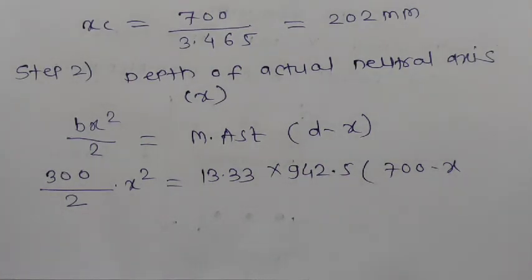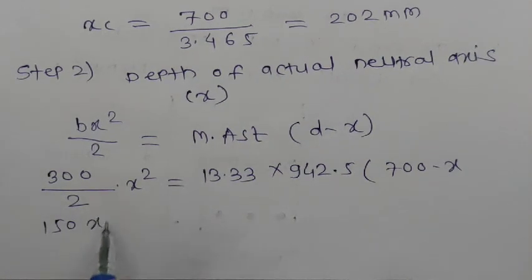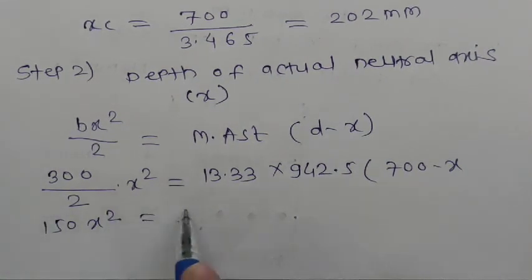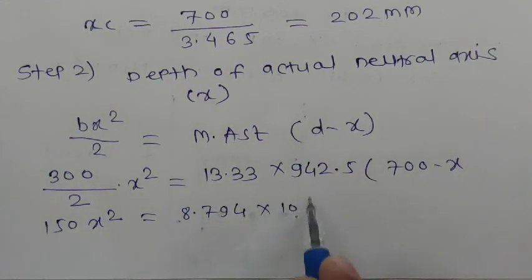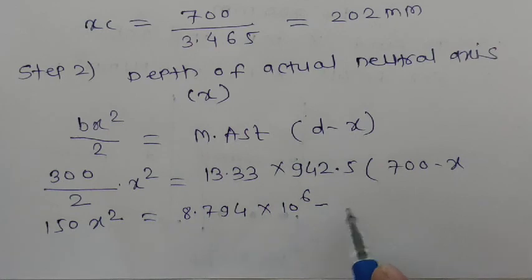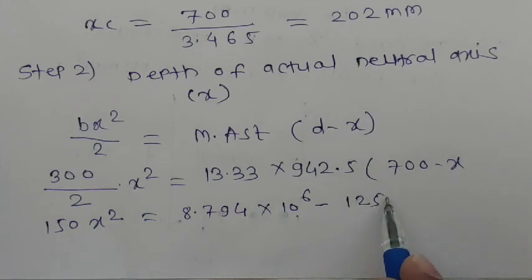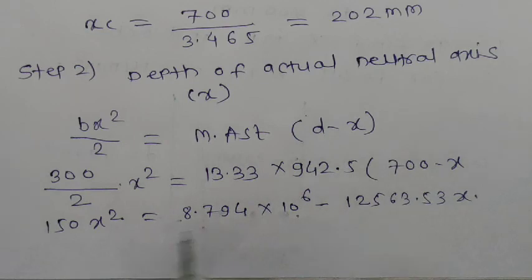Then 150 x square is equal to 8.794 into 10 raised to 6 minus 12,563.53 x.